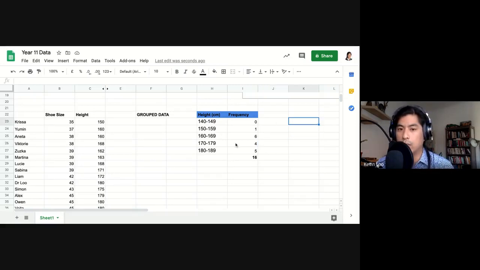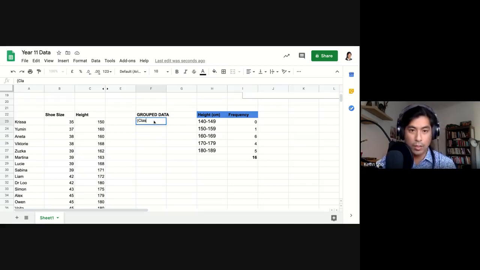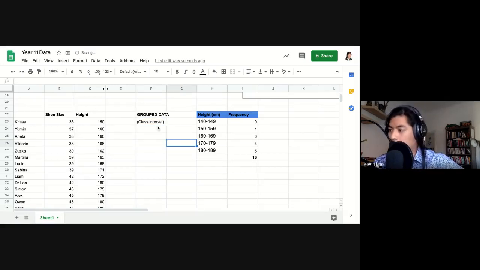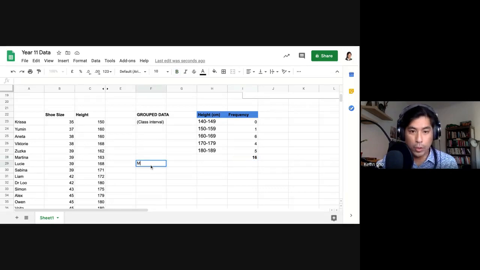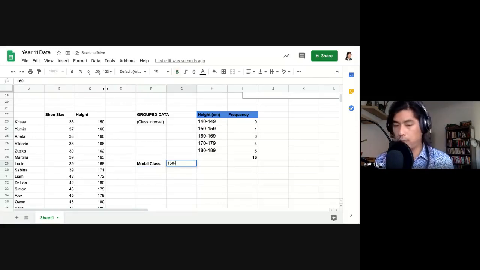So which class interval is the most common class interval? 160 to 169. Good, because obviously it has the highest frequency with 6 people. We call it the modal class. Modal class is 160 to 169.